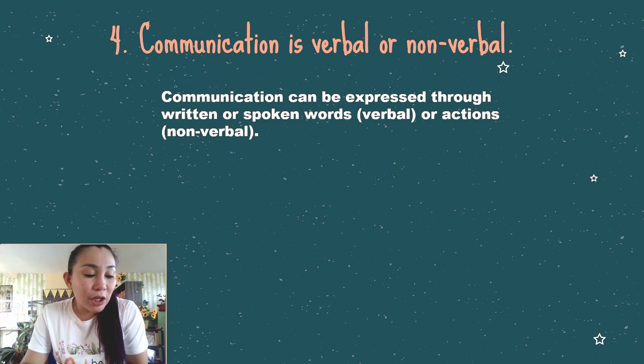Now, communication is not all about sending or receiving facts in words. It does involve ideas and emotions that are expressed through signs, symbols, and gestures. What are the signs? What are these symbols? And what are these gestures?